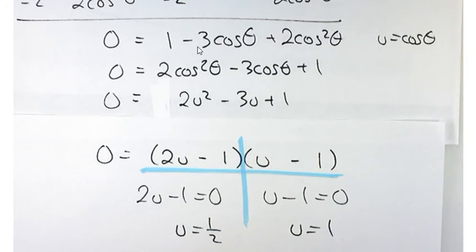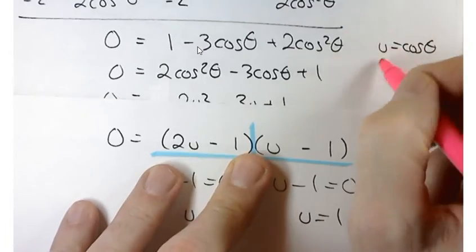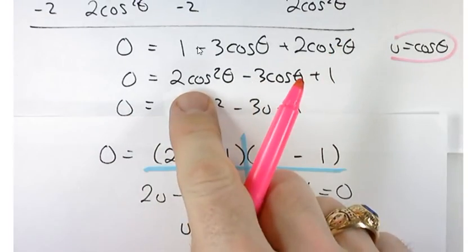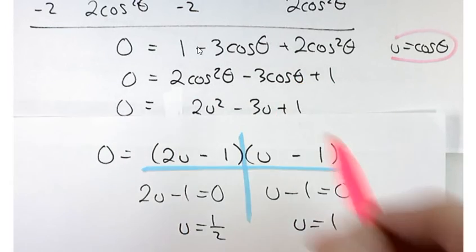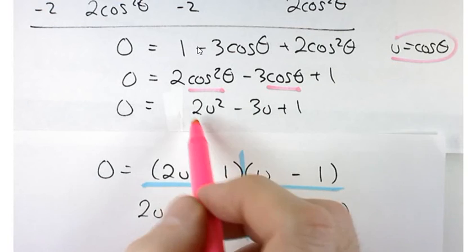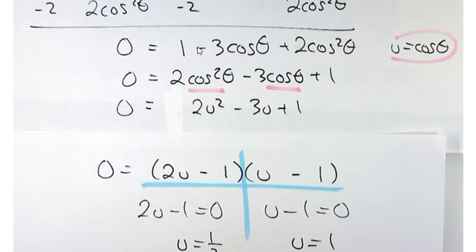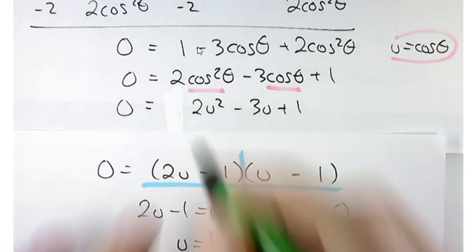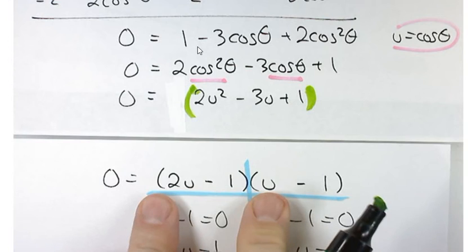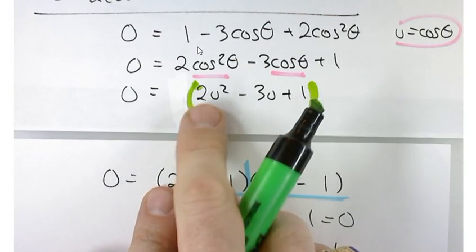So the trick here was, I didn't like looking at this and thinking about factoring this. I'm like, that's just a big mess. So here's u, that's u squared, and that gave me this quadratic equation. And then to factor this quadratic equation, I know that the first two terms have to multiply to give me 2u squared.